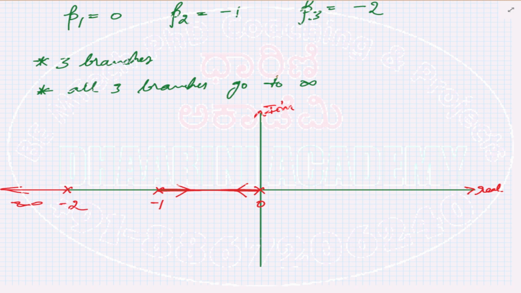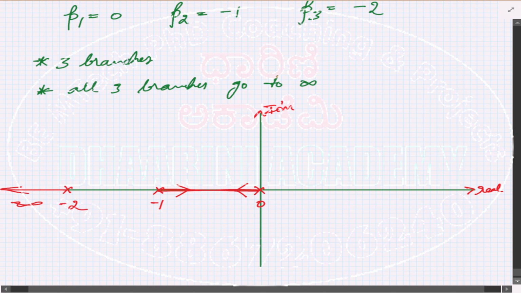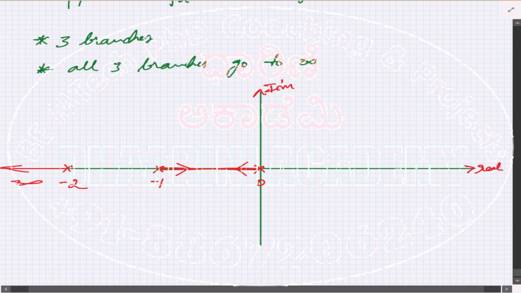So what should be the next step? I can find a breakaway point, but normally, if you go in order, I think the asymptotes will come first. In order to find the asymptotes, you need to calculate what is called the centroid.